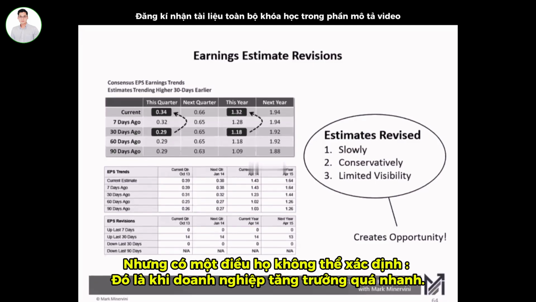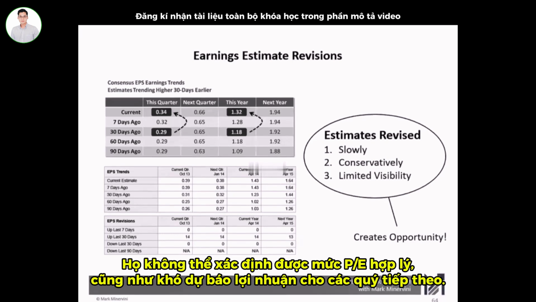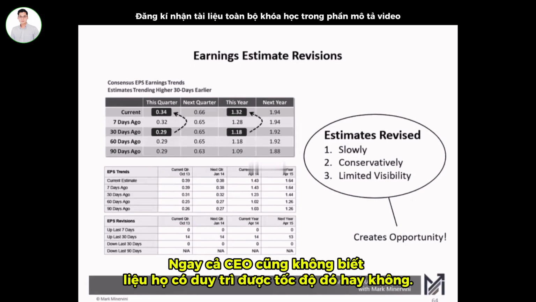But the one thing that they can't figure out is that when you have a company that's growing its earnings at a very rapid rate, let's just say 50% or 100% per quarter, there's no way that you can put an appropriate PE, or you can forecast where that stock's going to be 4, 8, 12 quarters down the road. Even the CEO himself has no clue how long they're going to be able to deliver that type of earnings.